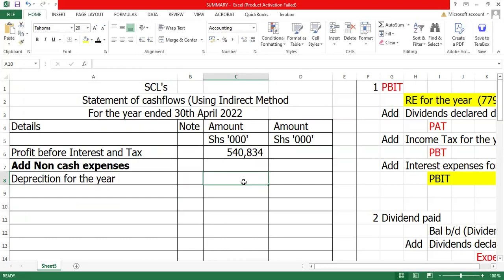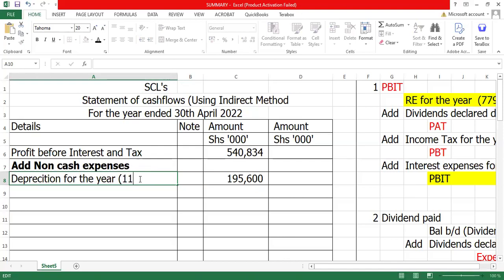That is 195,600. In an exam, you add all those figures.